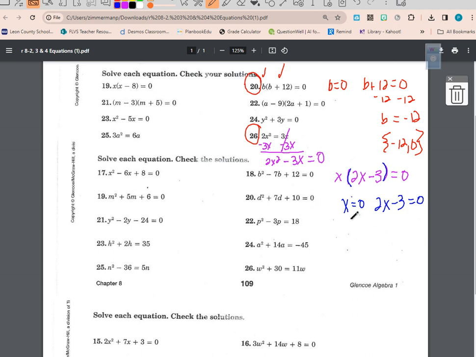And then we will plus the 3. This one's already done, but this one we need to add 3 to both sides, and divide by 2. And x equals 3 halves. So now, if we're given this answer in set notation, it's 0 and 3 halves.